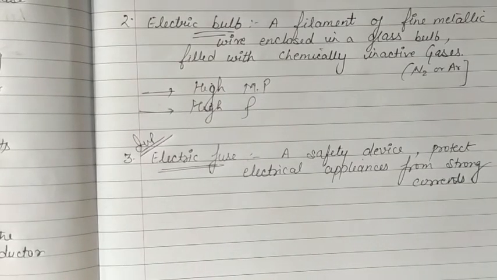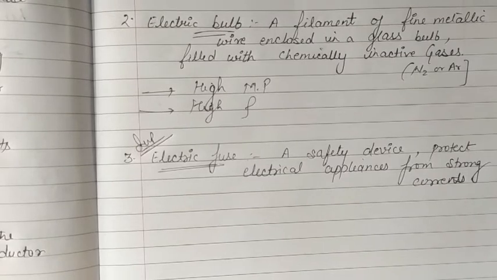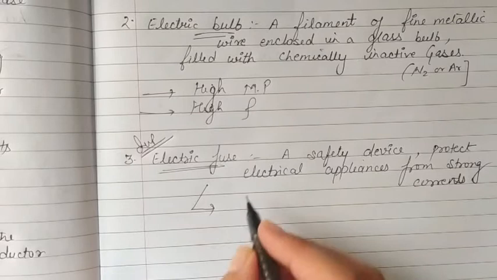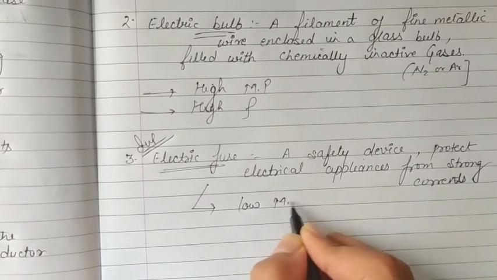Right, now a fuse wire has a slight change. The resistivity of a fuse wire should be high, but it should have a low melting point.